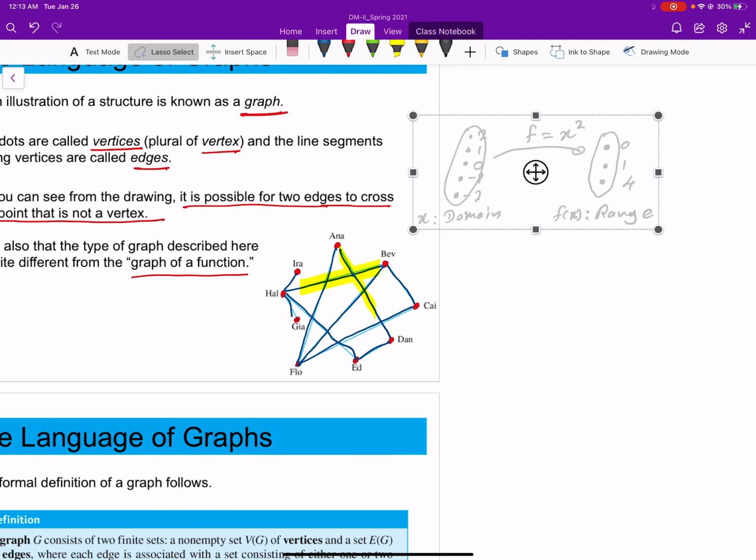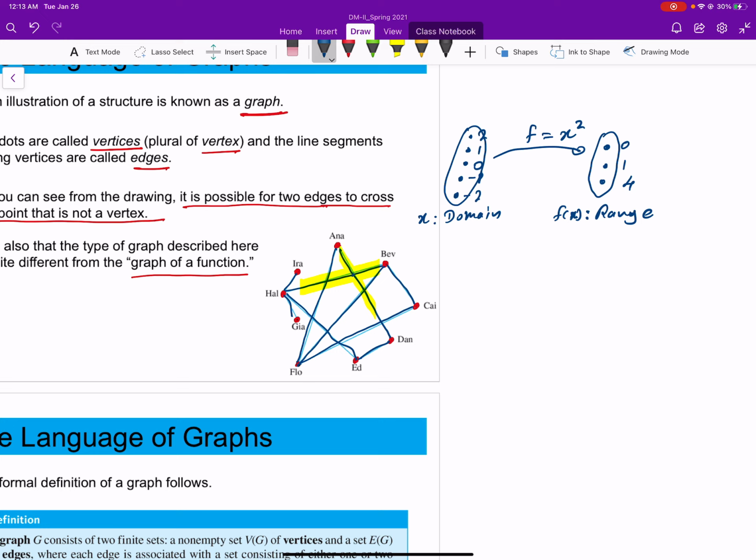Okay, now what I'm going to do, I'm going to graph this. So I have this f of x-axis, I have this x-axis, I have -1, -2, 1, 2.